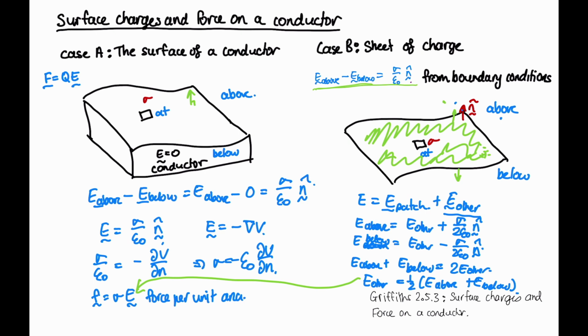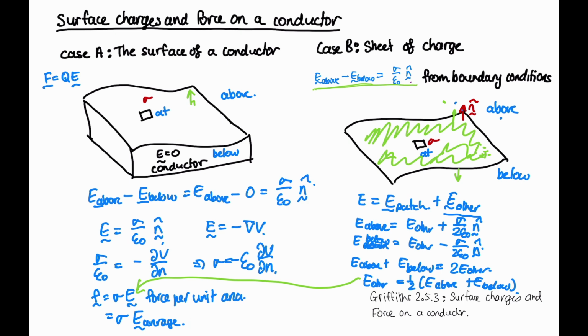So this tells us that the force per unit area should be equal to sigma times E average. Okay, and now we are considering this situation again, where above we've just said that we've got this electric field, and below we've got zero electric field because we're inside the conductor.